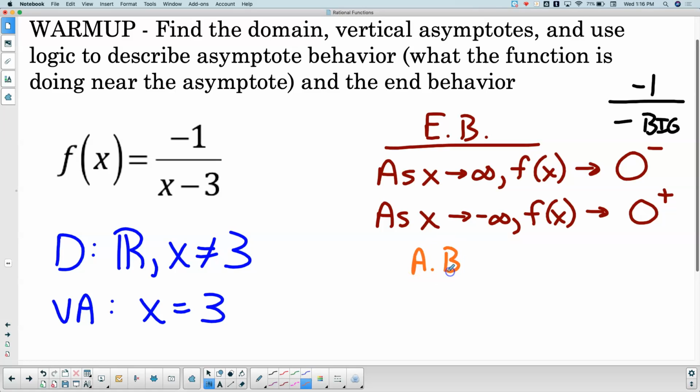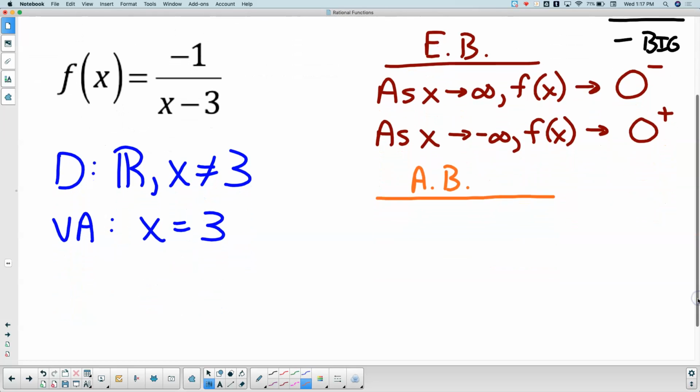Asymptotic behavior. As x goes to what? We're talking x though, right?